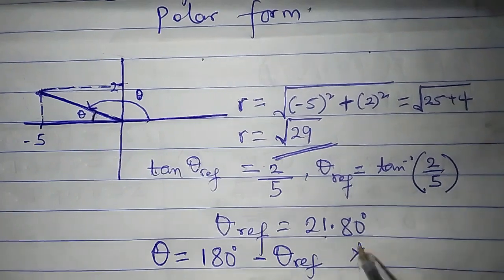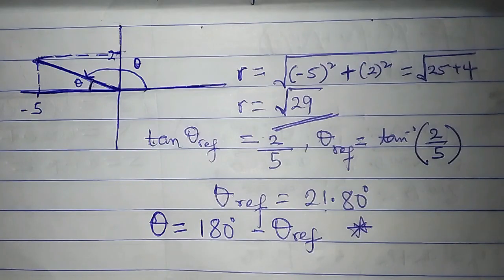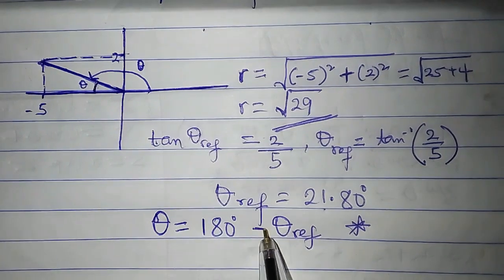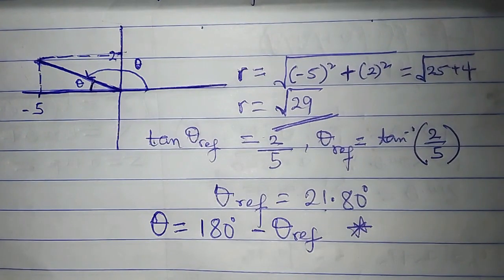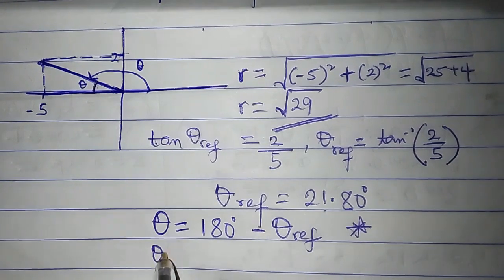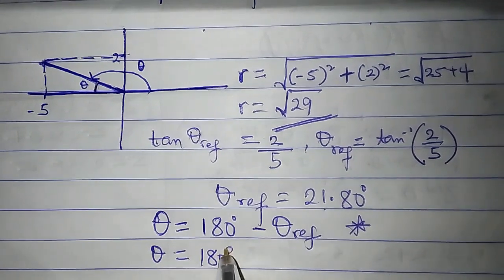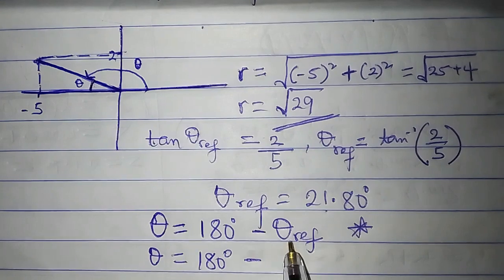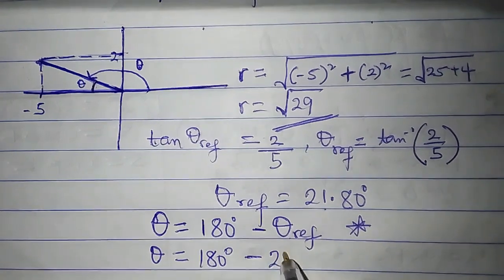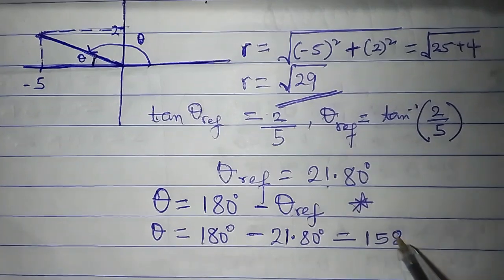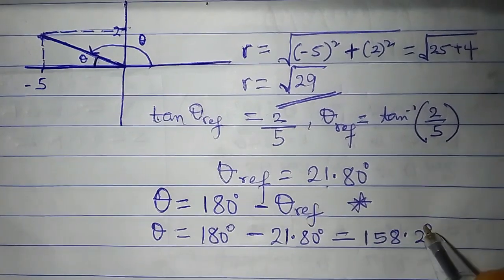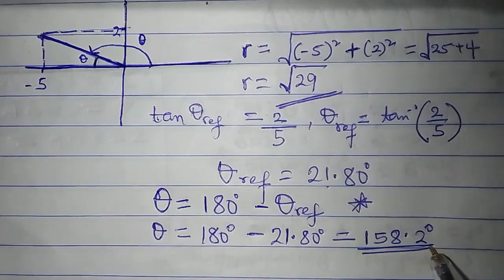This must be noted. To determine the argument in the second quadrant, subtract the reference angle from 180. Okay? We'll see what will happen when we get to the third quadrant. So theta is equal to 180 degrees minus 21.80 degrees. That is equal to 158.2 degrees. This is the angle in the second quadrant.